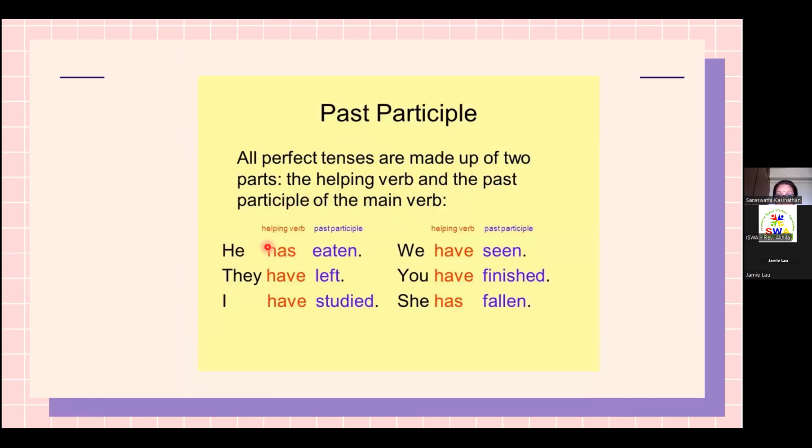So here, has is the helping verb, and eaten is the past participle. So he has eaten. In order for the past participle to work, you must have a helping verb.